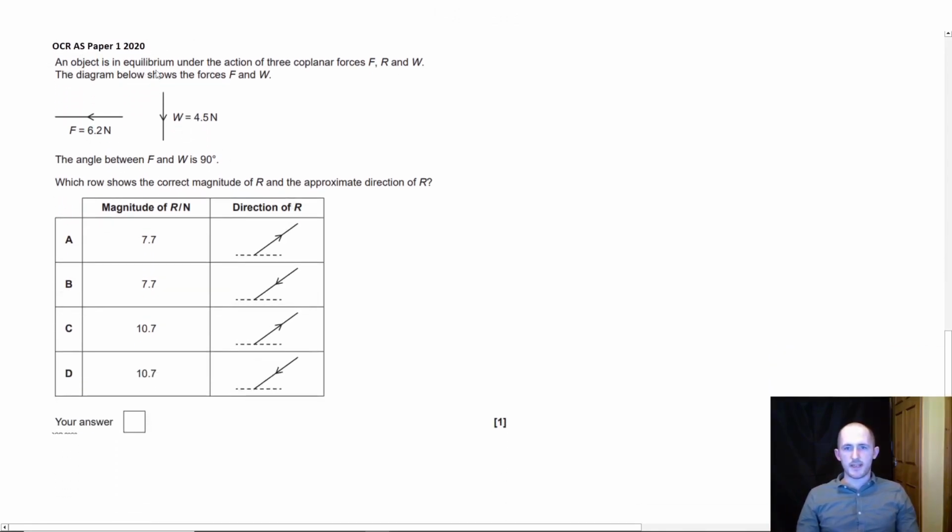Next is an object is in equilibrium under the action of three coplanar forces. So coplanar just means they act on the same 2D sheet, F, R and W. The diagram below shows the forces F and W. The angle between them is 90 degrees. Which row shows the correct magnitude of R, where R is the resultant force, right?